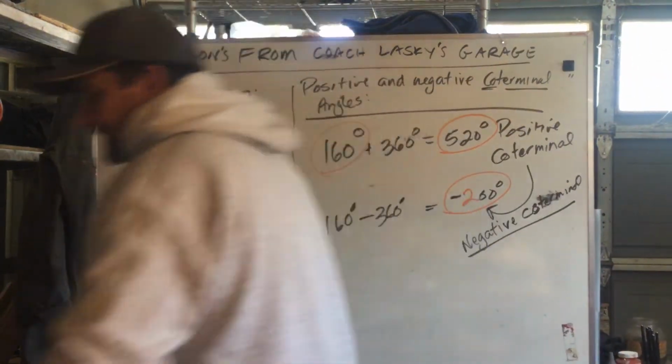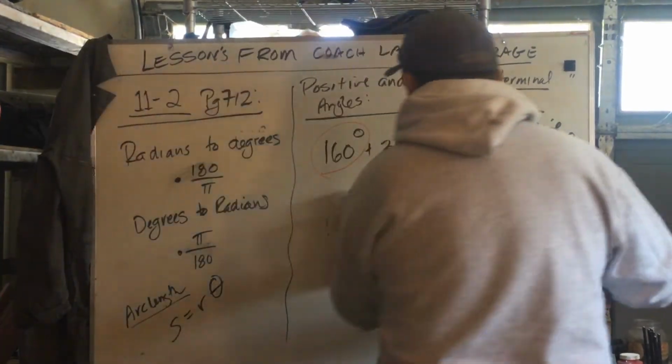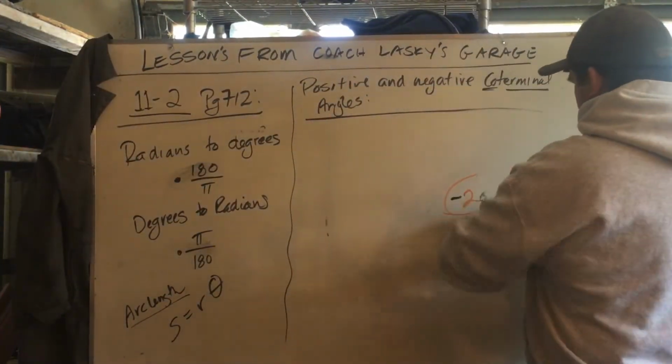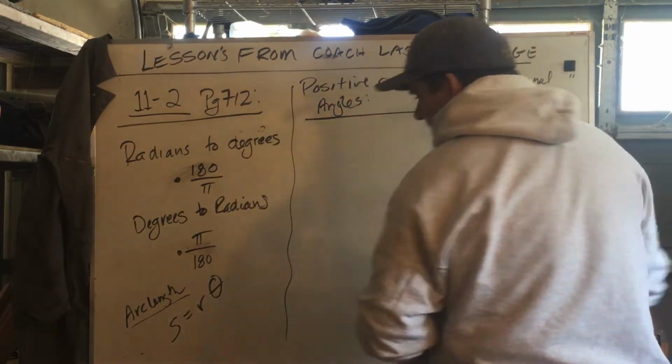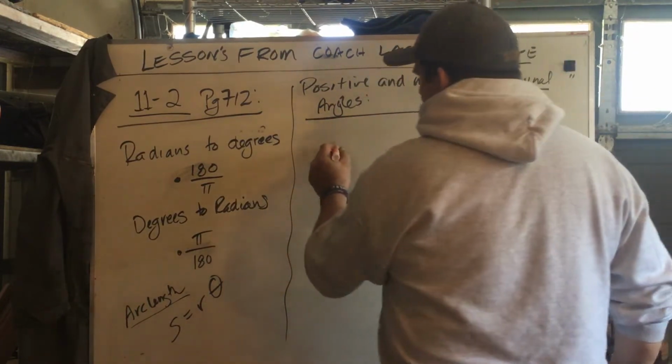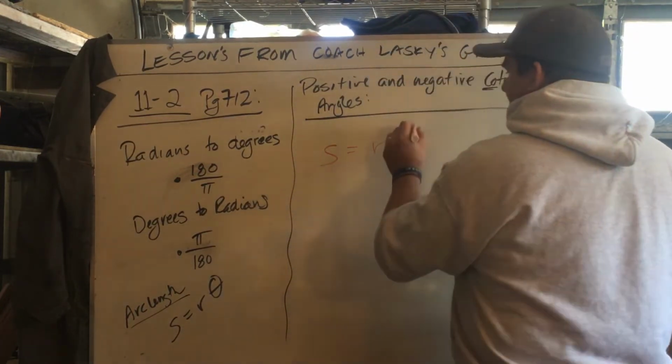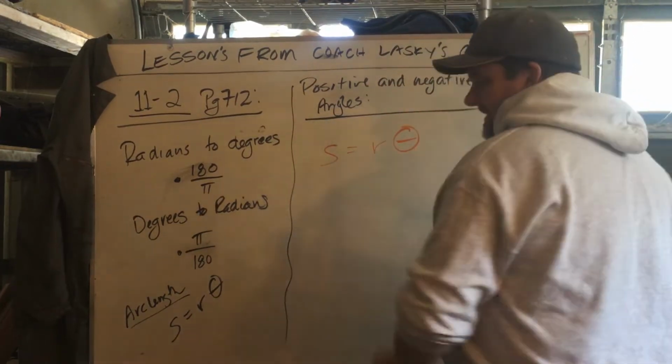Now, arc length's a little different. For arc length, we need two things. We need radius and we need theta.